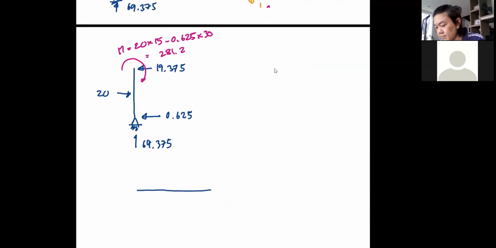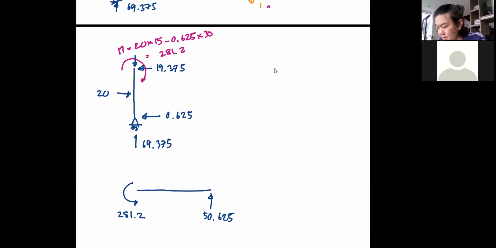Okay. So the second piece, this one, moment is 281.2. And now we have 50.625. Now, because this one is going up, this one comes down with the equal amount.